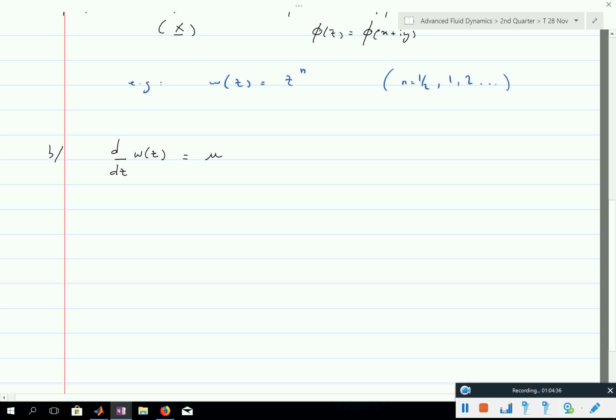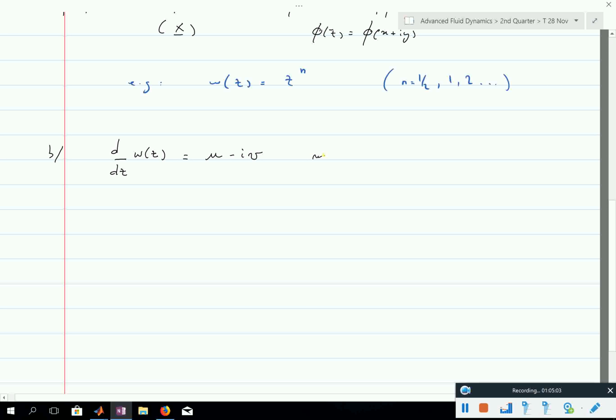The real part of this derivative is going to be the x component of the velocity, and the thing you have to worry about is the imaginary part, because the imaginary part of the derivative is going to be minus the y component of the velocity. And again, if you ask why, it's simply the mathematics. That's how the mathematics works out.